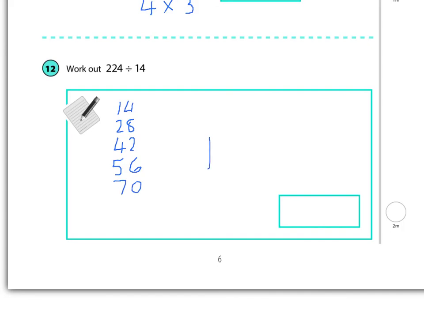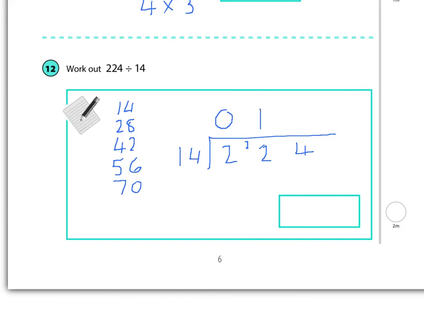Now, I'm going to do this using the traditional bus stop method, but I am going to do it using a short division technique. I'm going to ask myself first of all, how many 14s go into the first digit, 2? Well, it's none. So then I carry the 2. How many 14s go into my 22?